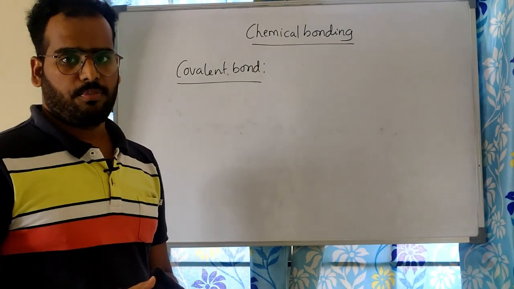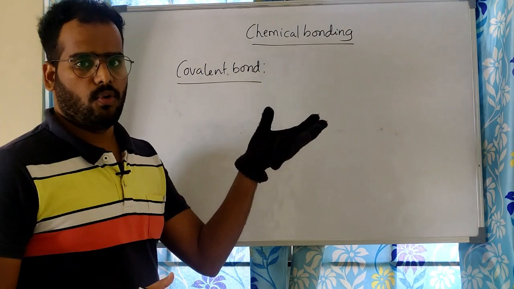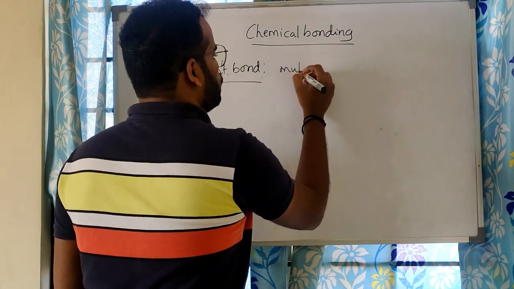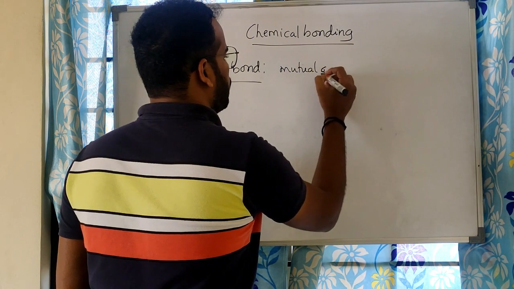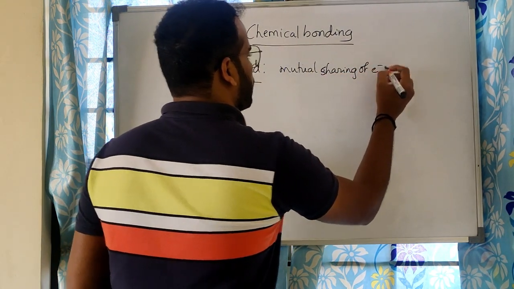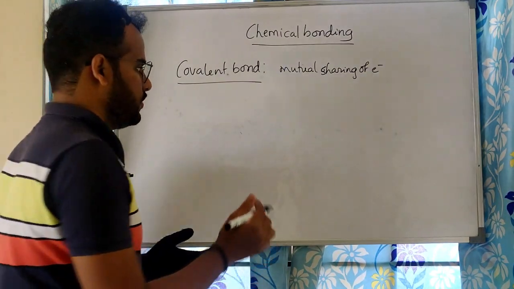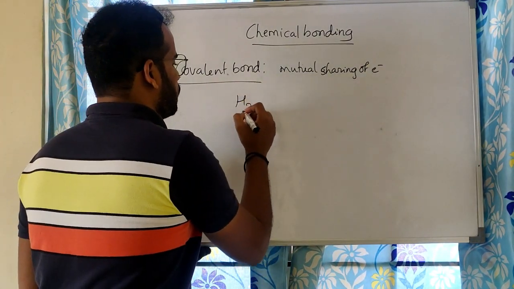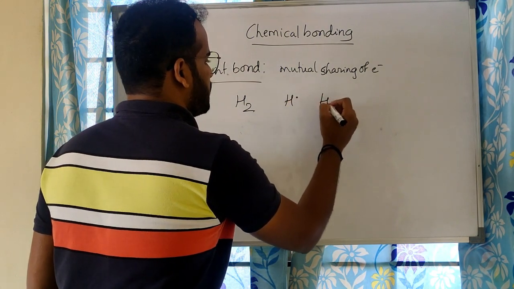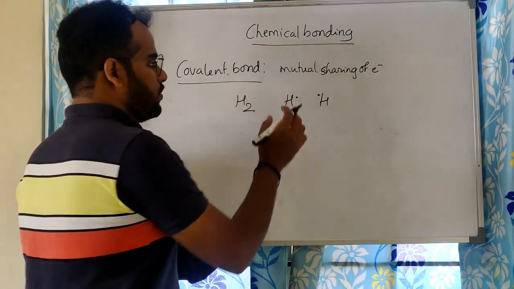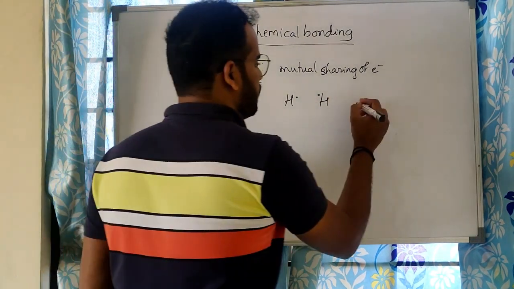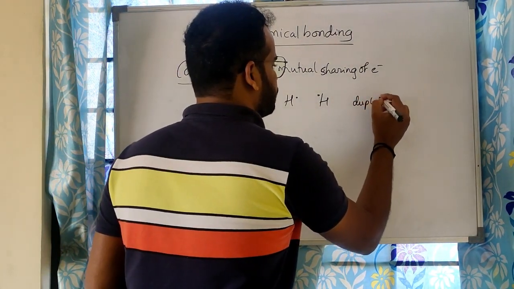Okay, the next type of bond is the covalent bond. A covalent bond is formed by mutual sharing of electrons by two atoms. For example, take the hydrogen molecule. Hydrogen has 1 electron in its outermost shell, so both will need 1 more electron to become stable. This will follow the duplet rule.